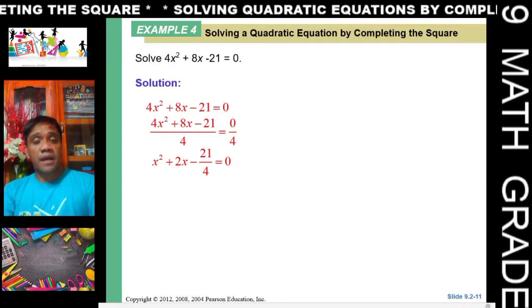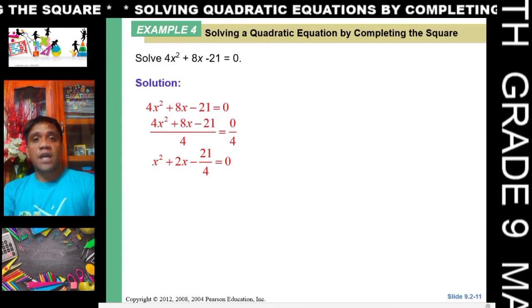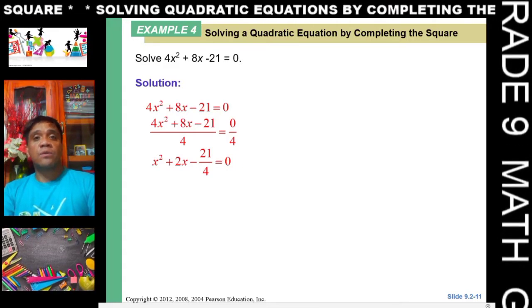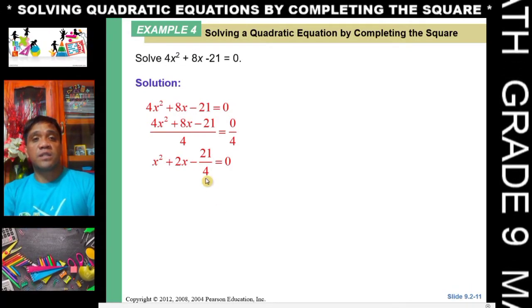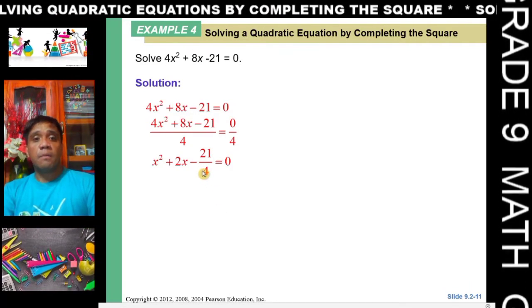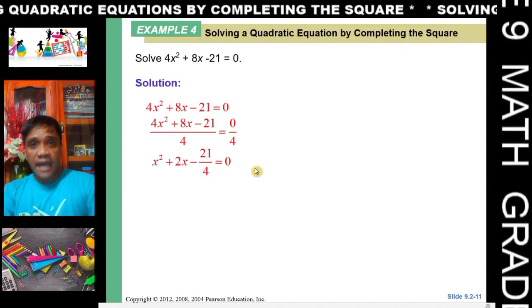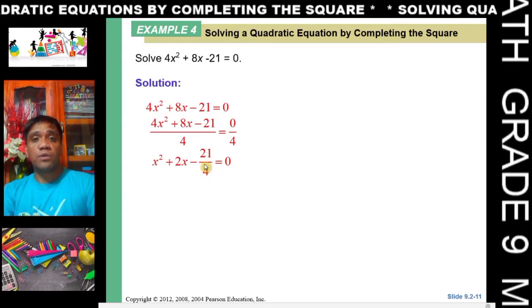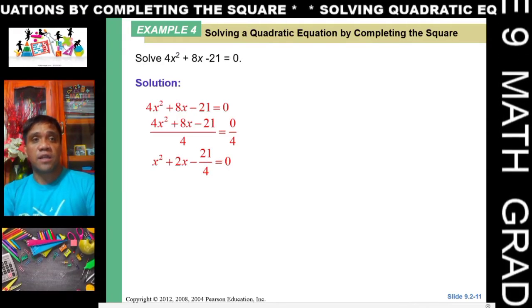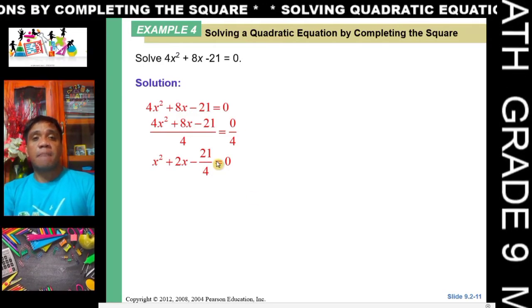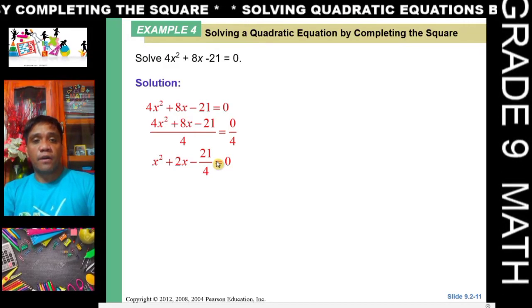The next step is to make the constant term that we have, which is negative 21 over 4, be on the right side of the equation. So what we do here is add to both sides its additive inverse, which is positive 21 over 4.